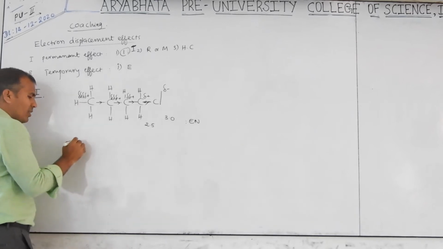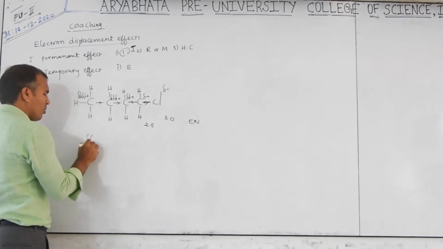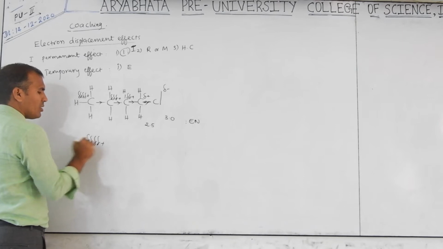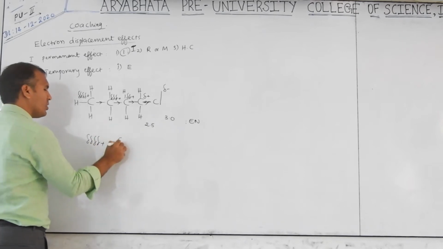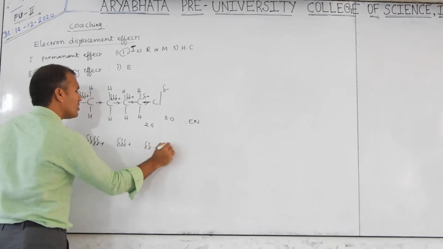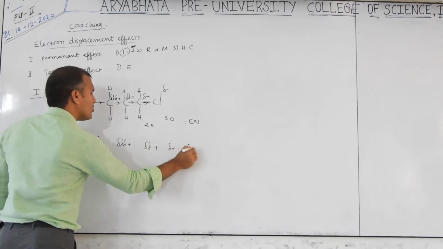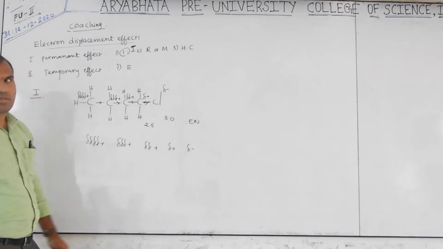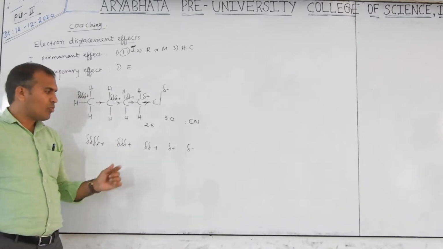Now, the other way I want to write it is like this. This is 4 times, this is 3 times, this is 2 times, this is 1 time, this is 1 time negative. Now tell which is the magnitude more.